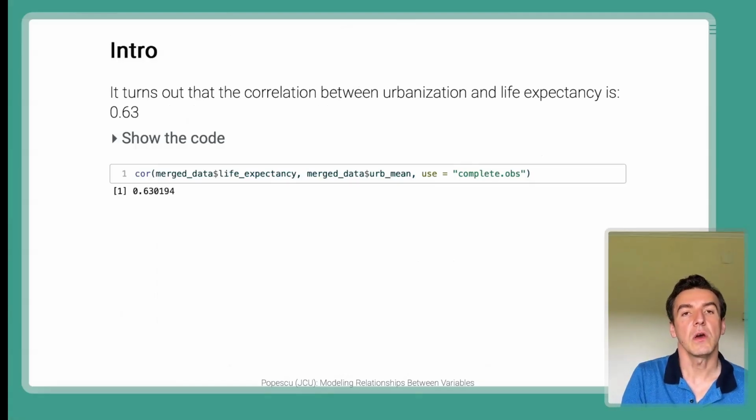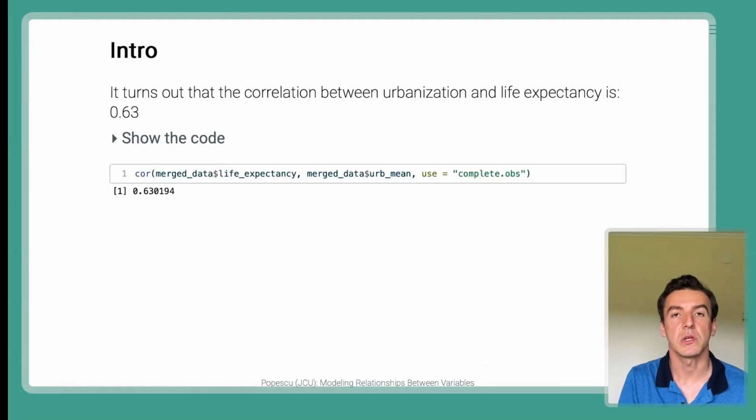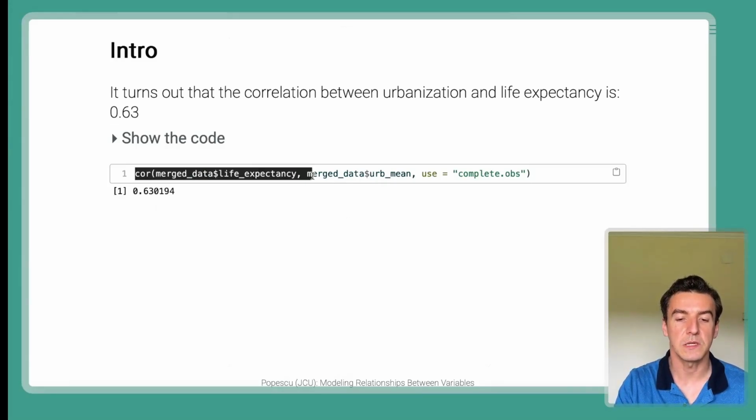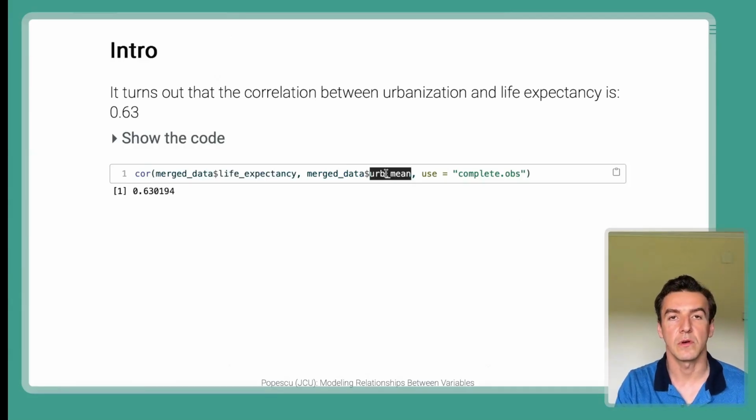So, moving on to what I just said. There is a positive correlation between urbanization and life expectancy. If we actually calculate this correlation, we will get this number. This number is obtained from this simple line of code. COR, this is the final merged data. This is life expectancy. And this is our measure of urbanization.